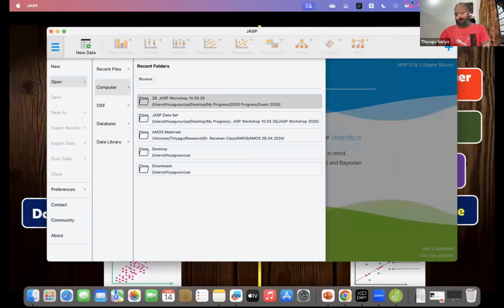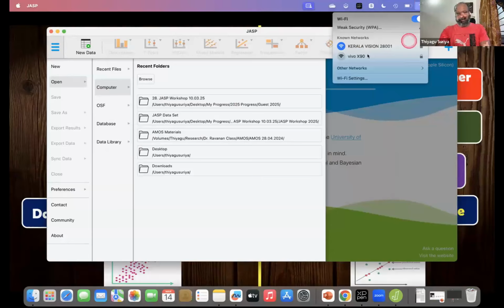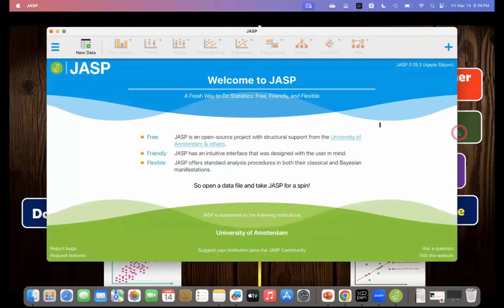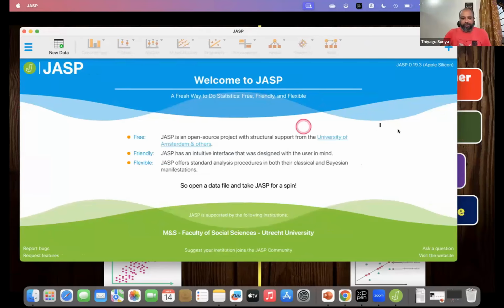I'm trying my network hotspot. 2 minutes. Hello, now it's okay, right? The network is okay now? Okay. Yes, good. Sorry, I just connected.